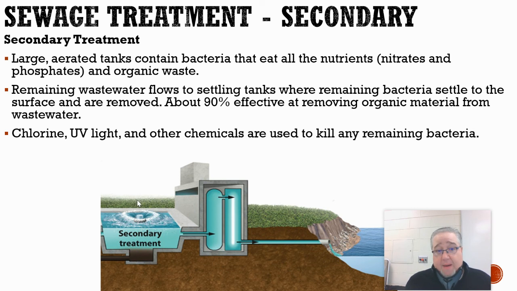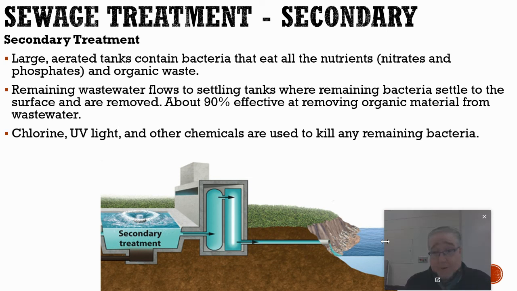There's a ton of bacteria in this secondary treatment tank, and those bacteria are actually devouring any additional organic waste or any nutrients that might be in that water. That might include other bacteria, it might include nitrogen and phosphate. All of that stuff needs to be removed before it gets pumped out.